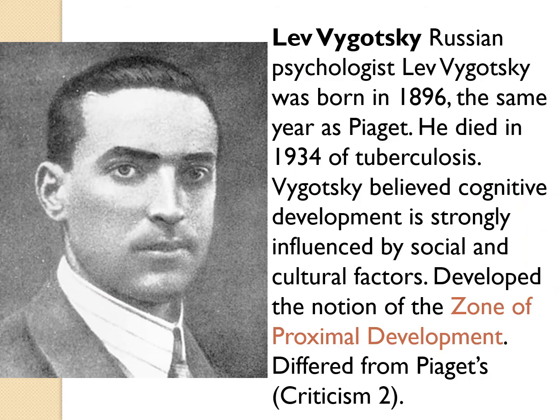Vygotsky is a gentleman who is a nurture-based theorist, a continuity theorist. So what we're looking at is somebody who thinks it's all about your surroundings that make you who you are. You're a blank slate when you're born. There's no stages to go through, anything like that.